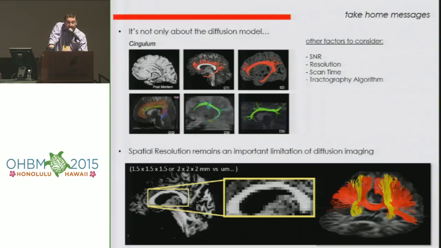Spatial resolution is one of the most important challenges we are fighting now in diffusion imaging. We want to go to higher resolution. And thinking about, for example, connectomic analysis, I want to give you a kind of scary example. Look at this picture. You see all the fibers converging at the center of the corpus callosum.